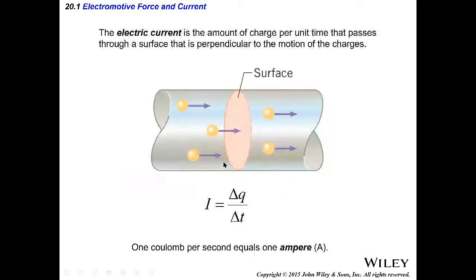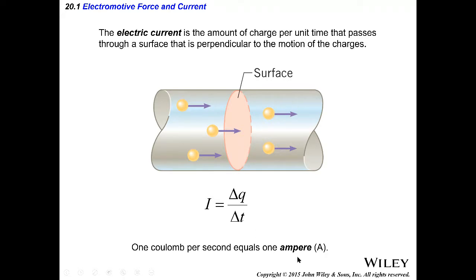We now want to give a concept to it, which is the rate at which charges have moved across from one end of the circuit to the other end. That we now call current. It is the number of charges that went across the surface per unit time.